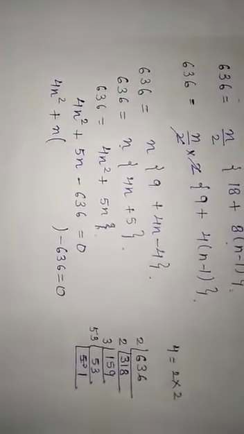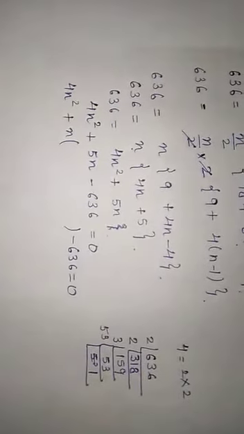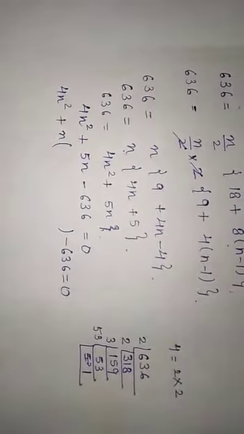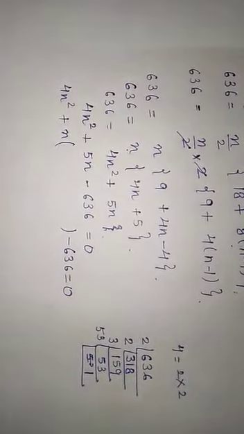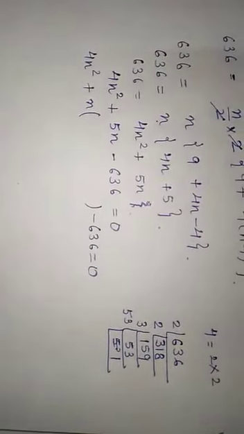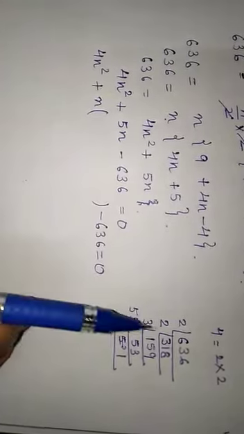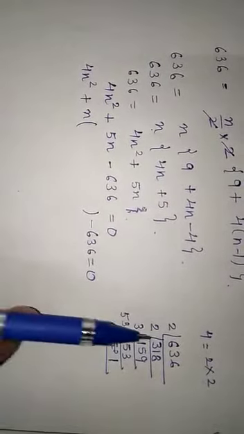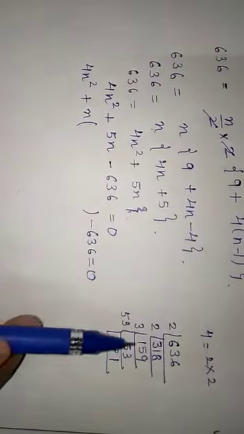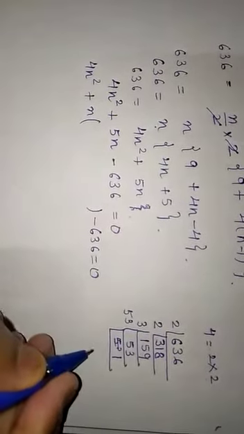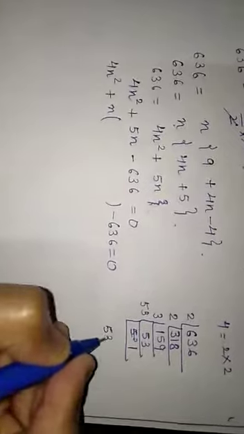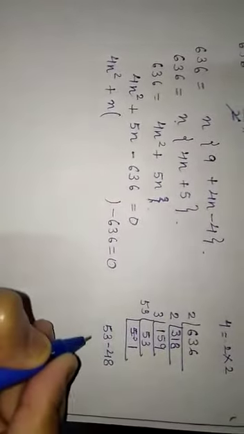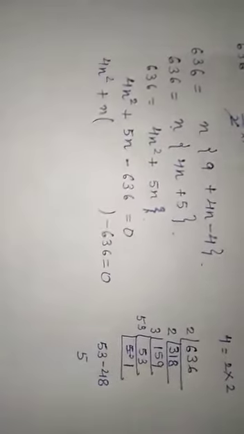So I am taking 2 groups and finding the middle term. 2 twos are 4, 4 twos are 8, 8 twos are 16 and 16 threes are 48. 53 minus 48 is 5.